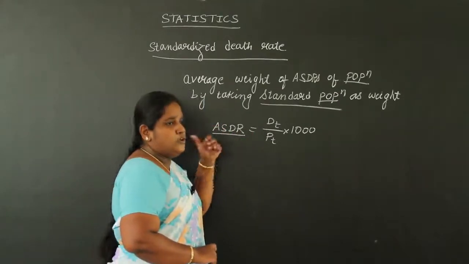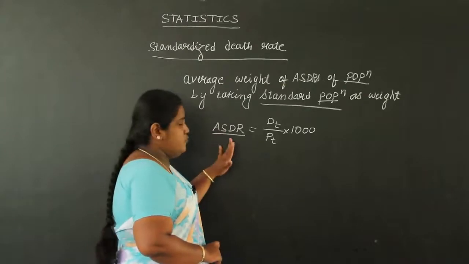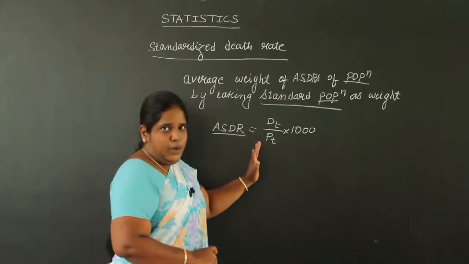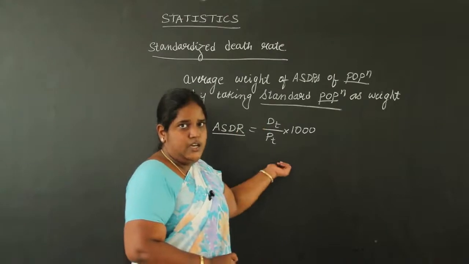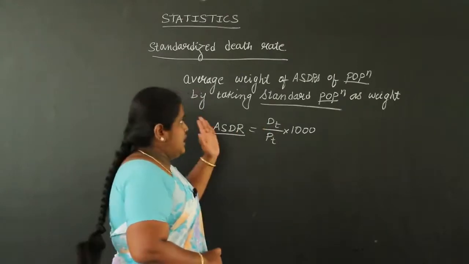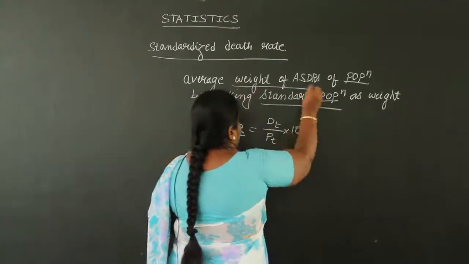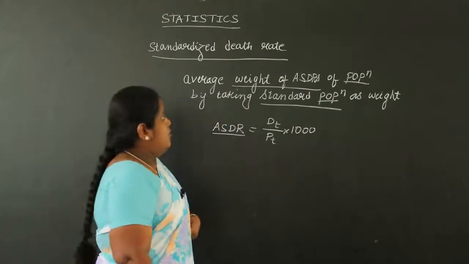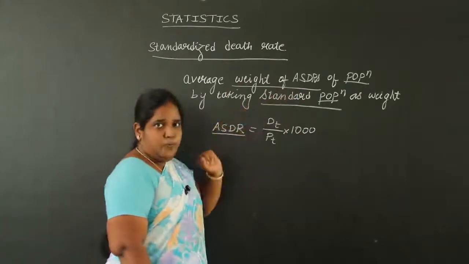So the first step while doing the standardized death rate is to find out the ASDR value. After finding out ASDR, then we'll find out the standardized death rate by finding out the average weight of ASDR of population.